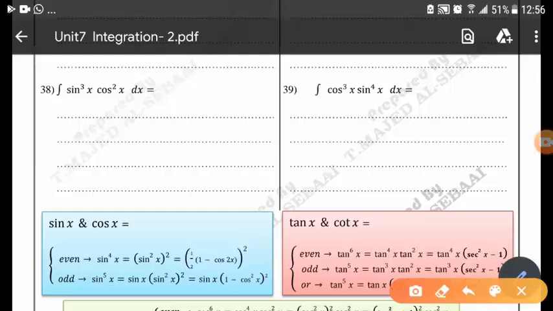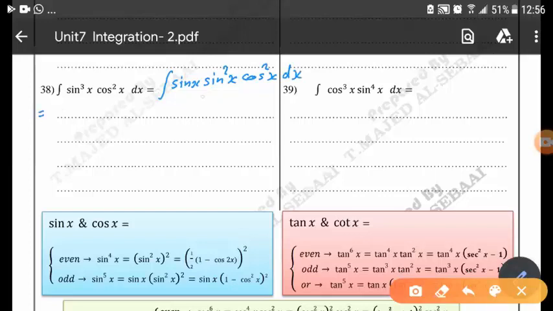See, you can write the question like this. You can write it this way. Integration of sine 3 x. I will divide it to be sine x sine squared x, and cosine squared I will not touch, I will just leave it as it is.